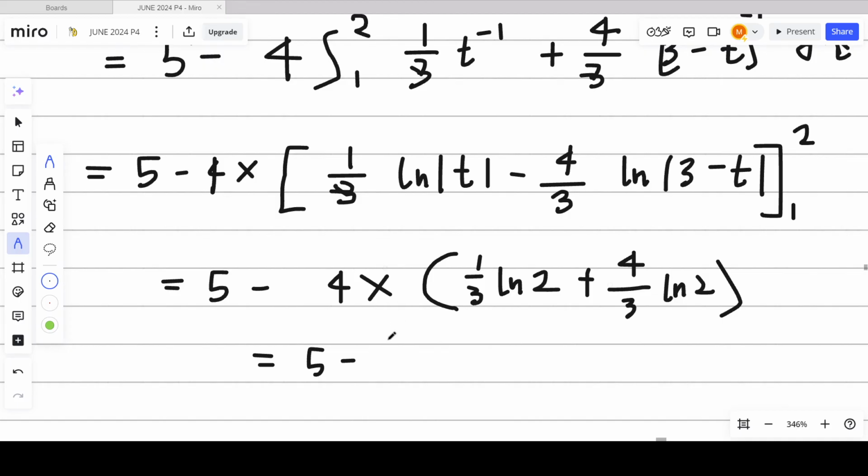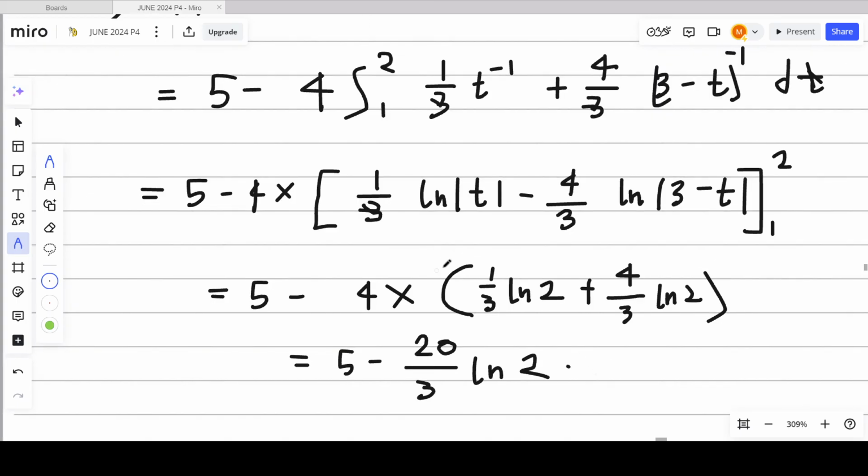So 5 over 3 times 4 is 20 over 3 ln 2. This is the area of region R in the simplest form, and that's the answer.